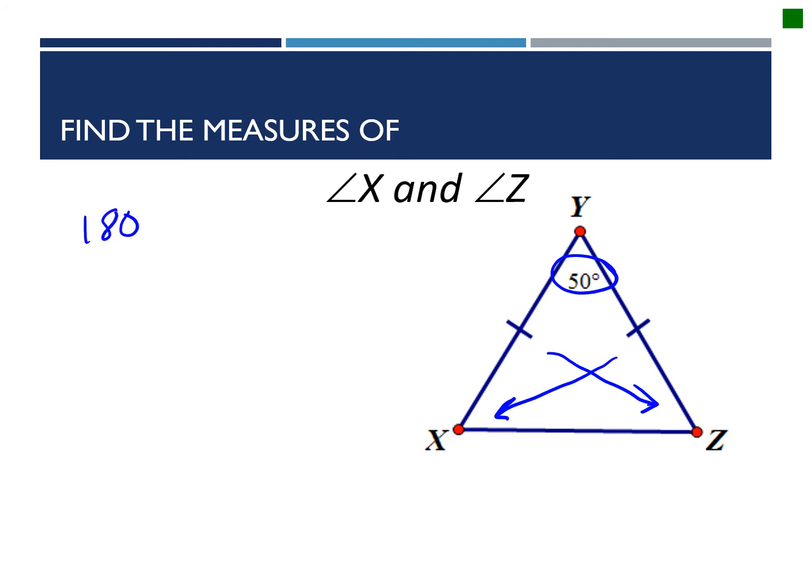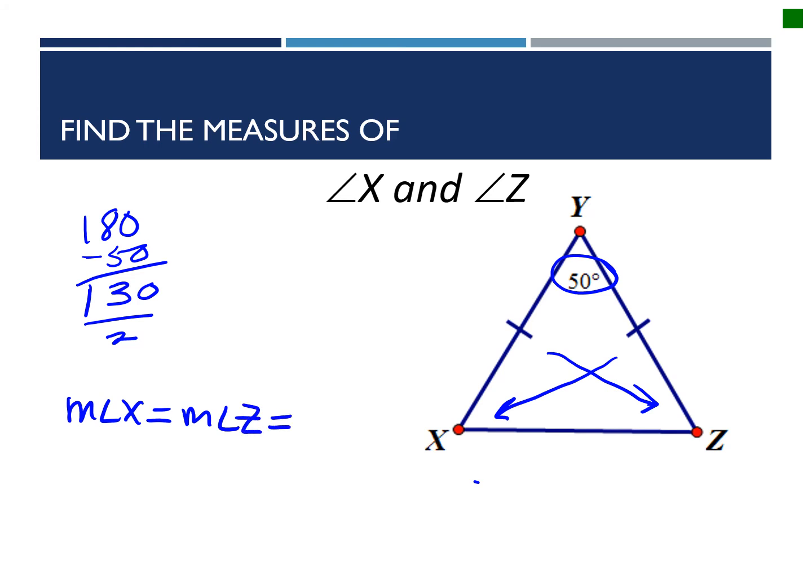So I know that there are 130 degrees left, but I've got these two angles, so the measure of angle X plus the measure of angle Z equals 130, and they're the same, so I'm just going to divide by 2. So the measure of angle X, which is equal to the measure of angle Z, equals half of 130, which is 65.